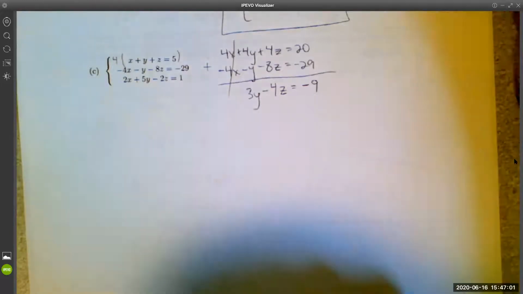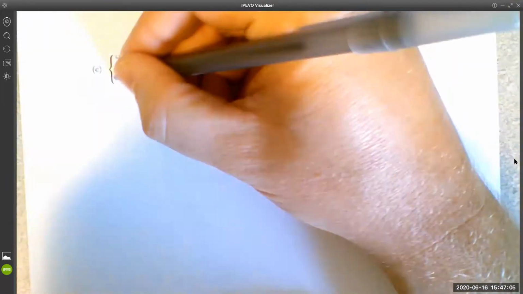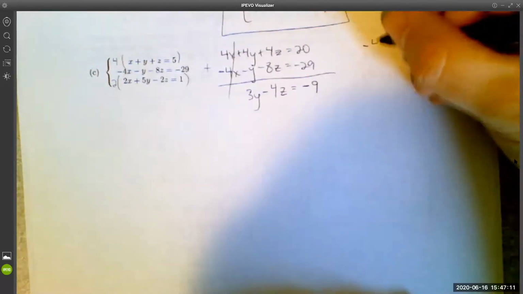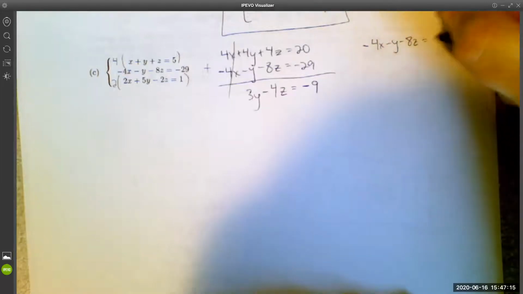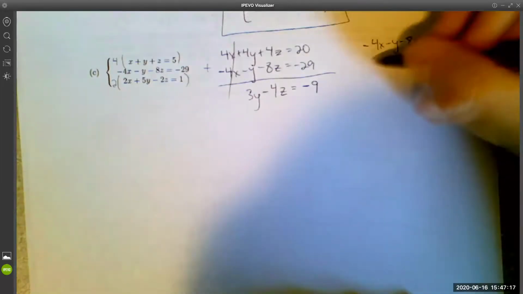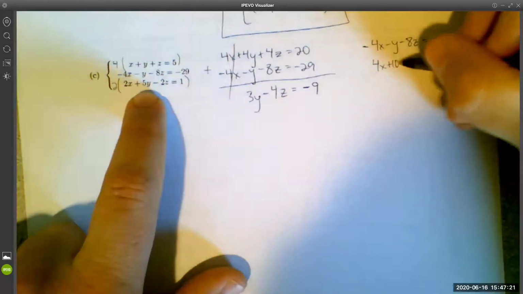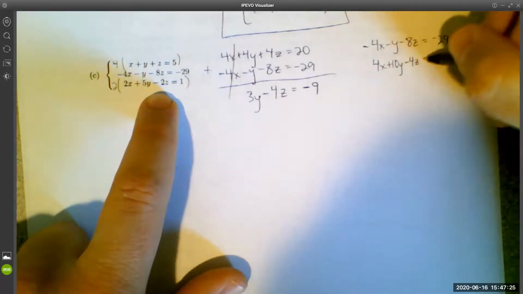Okay, so now what else can I do? Well, I can multiply the bottom equation by 2 and then add that to the middle equation. So middle equation stays the same. Bottom equation is going to become 4x plus 10y minus 4z equals 2.